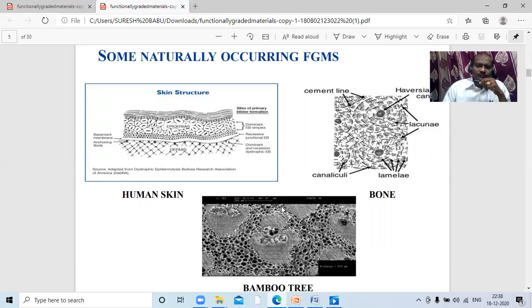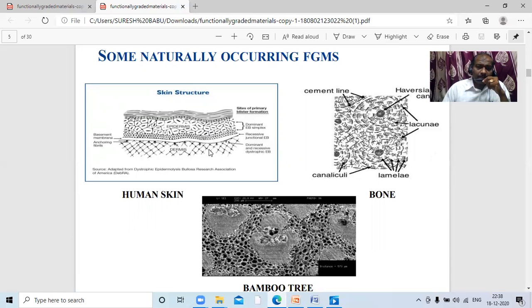If you observe the first one, that is the skin structure, sites of primary blister formation are there, and EB simplex is there. Here the structure seems to be another one. Here we have another type of skin, and here another type of net-like structure.